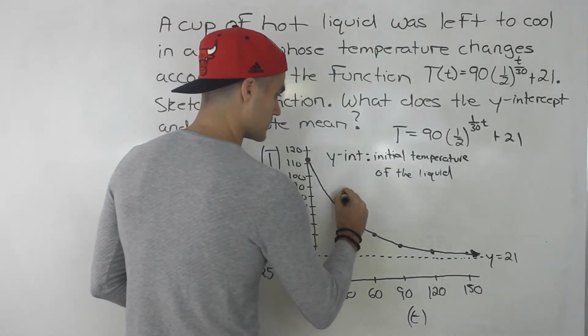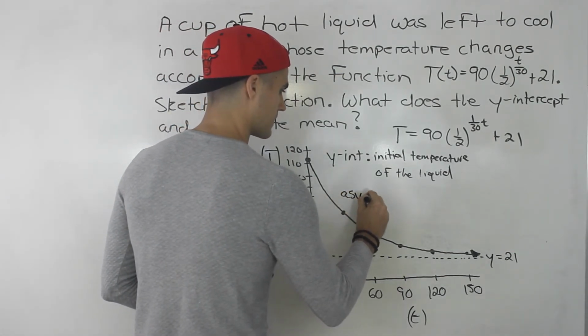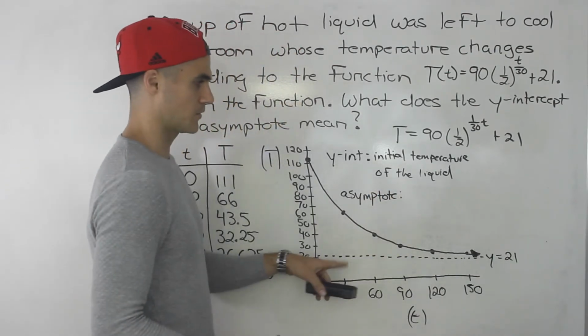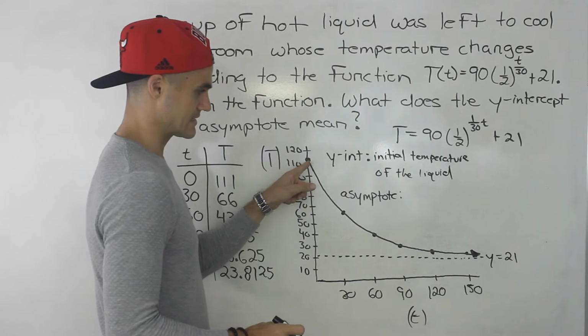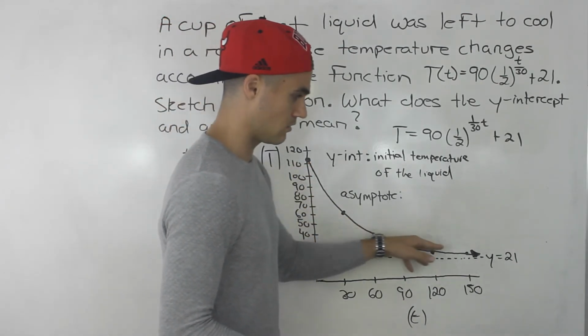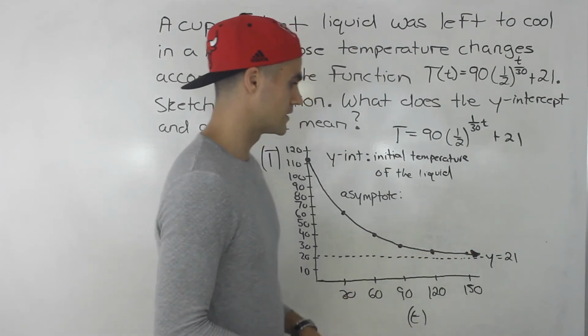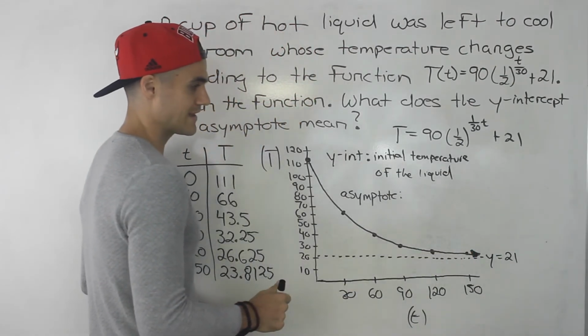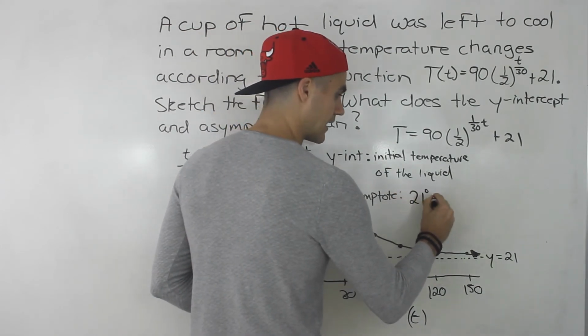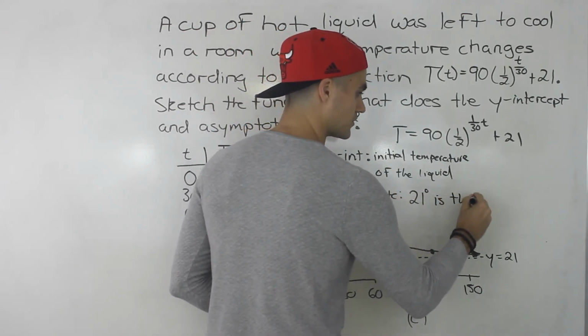What does the asymptote mean? Notice the asymptote is 21 degrees. So this liquid's temperature is going to keep decreasing all the way to 21 degrees. What does that mean? Well, it means that 21 degrees is the room temperature.